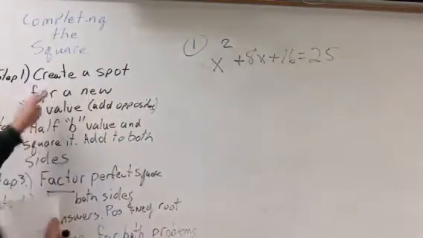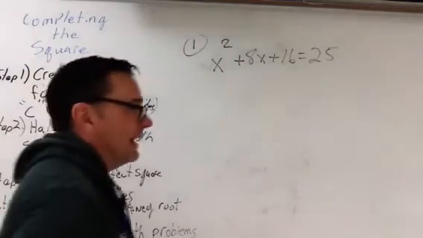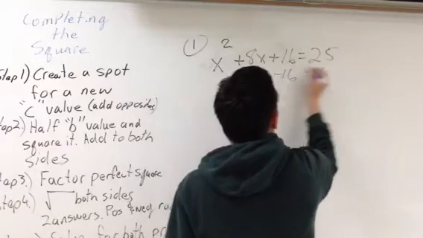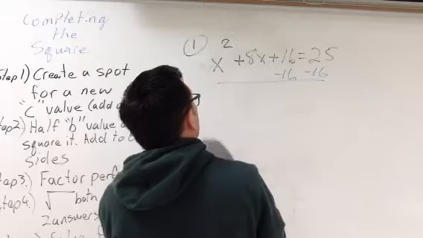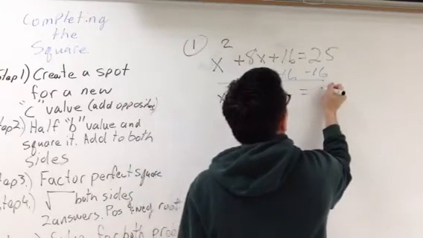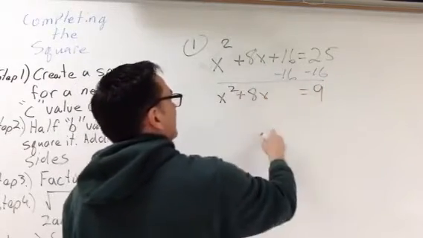First step, create a spot for the new c value by adding opposites. The opposite of 16 is negative 16. When we add down, we just created a spot for our c value. 25 minus 16 is 9.